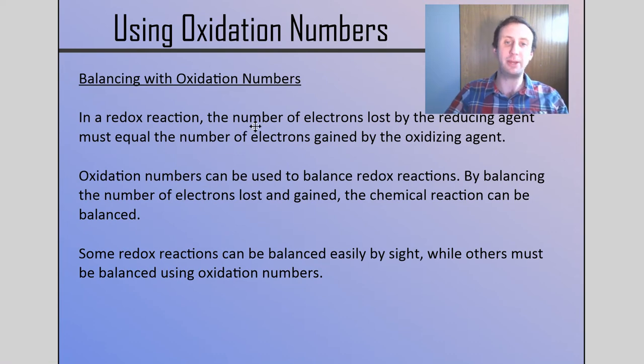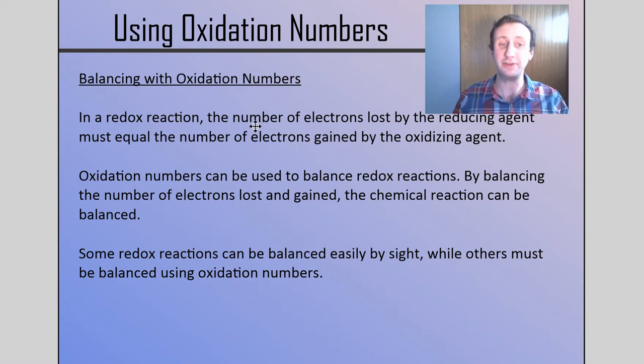In a redox reaction, the number of electrons lost by the reducing agent, because the reducing agent goes through oxidation, must equal the number of electrons gained by the oxidizing agent, which is going through reduction. The whole base of what we're doing here is making sure that the number of electrons that are lost in oxidation are equal to the electrons that are gained in reduction.